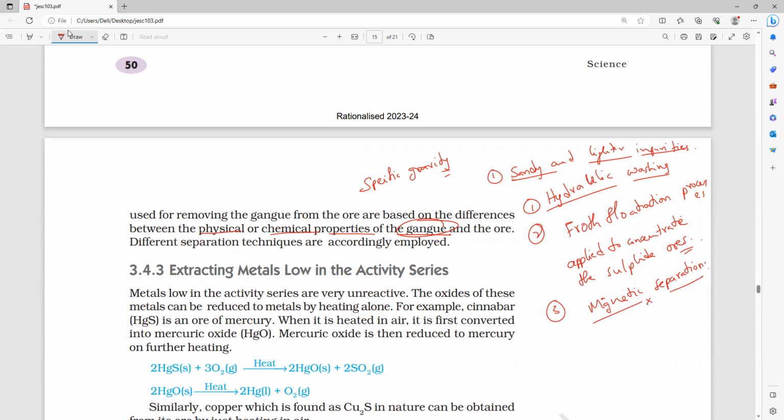Keep it in mind: the ore is magnetic in nature, or the impurities are magnetic in nature. Particularly ores like magnetite, hematite and chromite, which are magnetic in nature, are separated by this technique. Either the ore is magnetic or the impurities are magnetic.